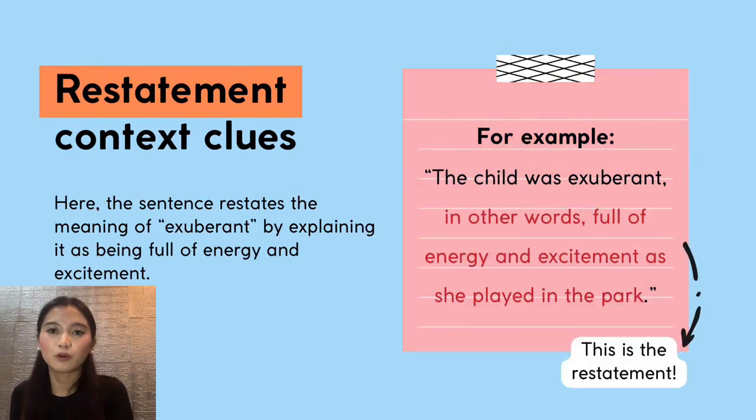In this example, it's very clear. The sentence is basically saying the same thing twice. The first part introduces the difficult word exuberant, and the second part explains it again in simpler language. That's how restatement clues make understanding easy.